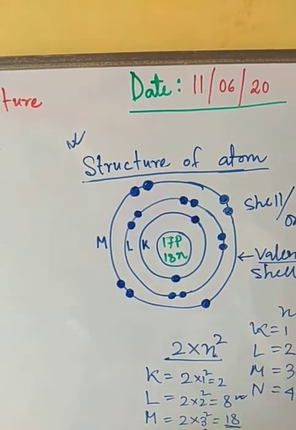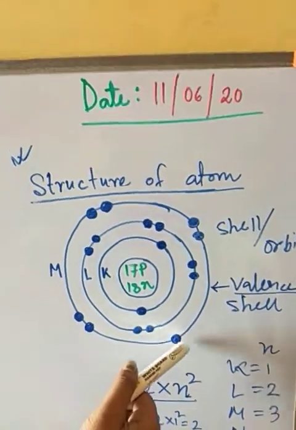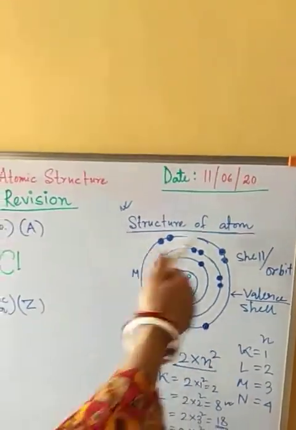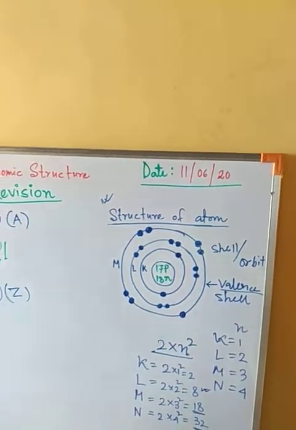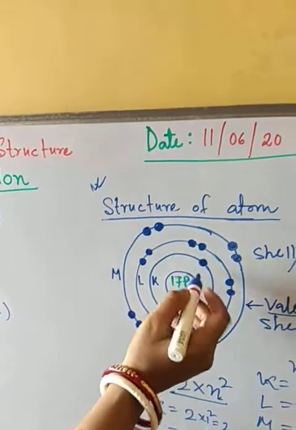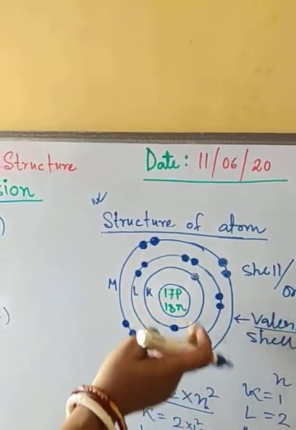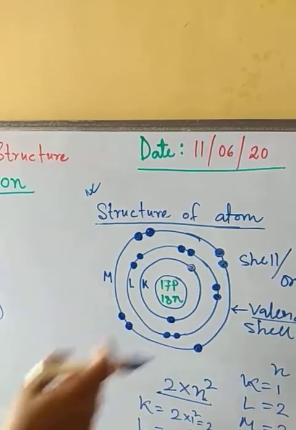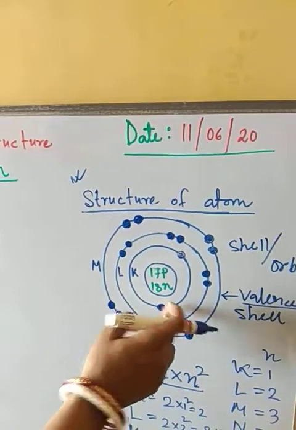So to attain stability, chlorine will capture 1 more electron in this shell and fulfill the octet. Octet means 8 electrons fulfilled in the shell. If only the first shell is there, as for helium, then it is called a doublet, as 2 electrons are there in the first shell.